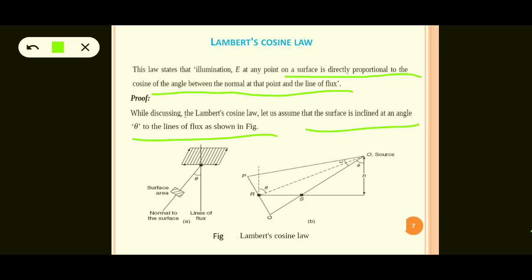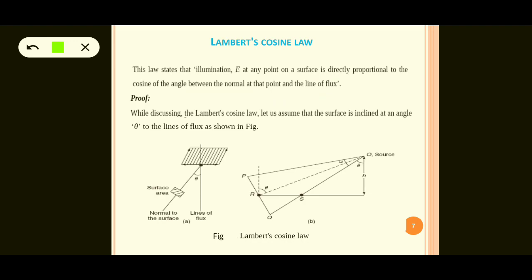Now assume some points P, Q. PQ is the surface area normal to the surface and inclined at theta to the vertical axis.